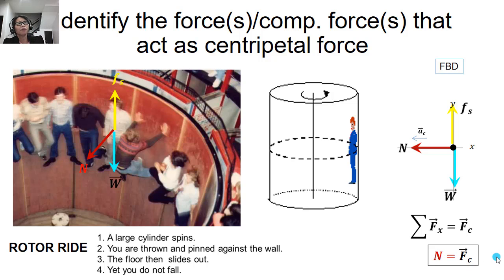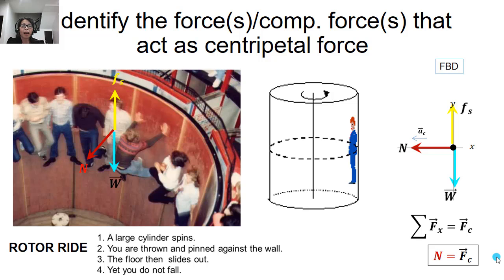So class, after so many kinds of situations, you can see obviously what kind of forces actually act as our centripetal force. It depends much more on the situation given. So we can't memorize what kind of forces act as our centripetal force for every different situation. So how are we going to identify the forces that act as our centripetal force?